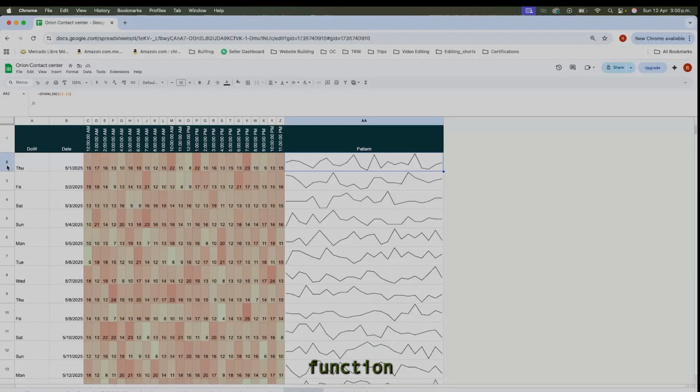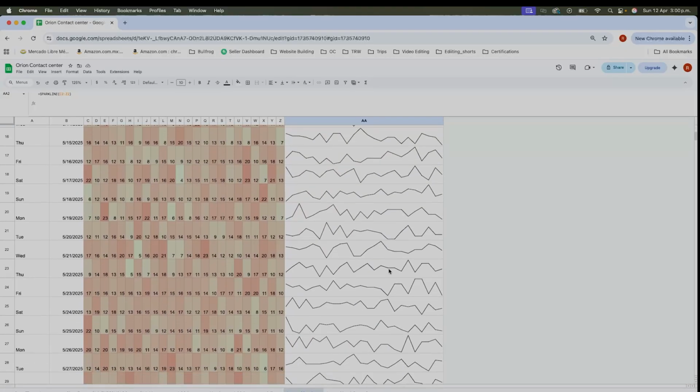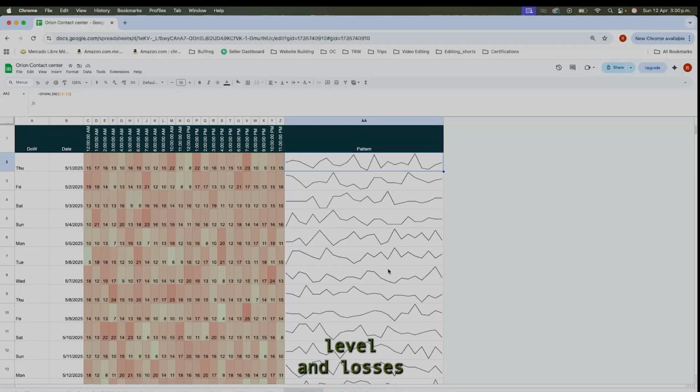And this sparkline function is basically doing a simple graph just so we know where the peaks are. So we put the right people there, the right people at the right times, and we can basically prevent any service level losses, right?